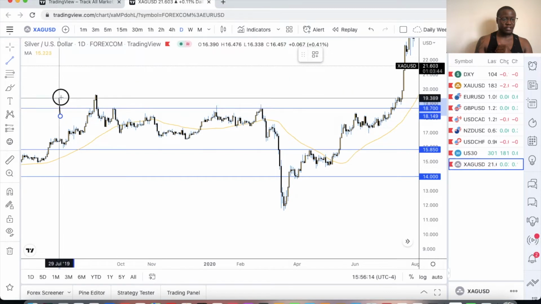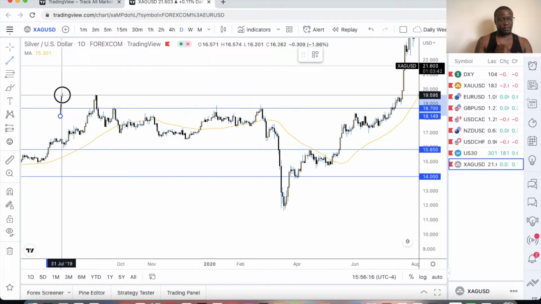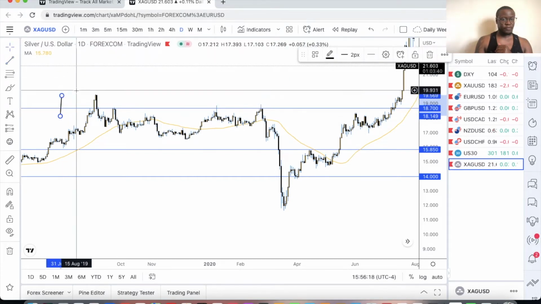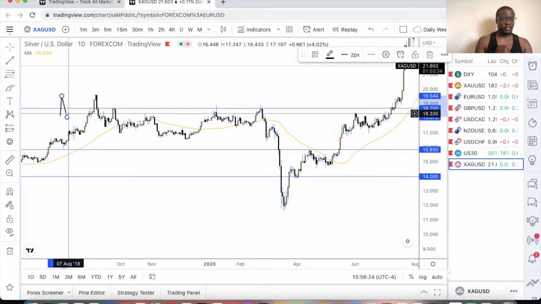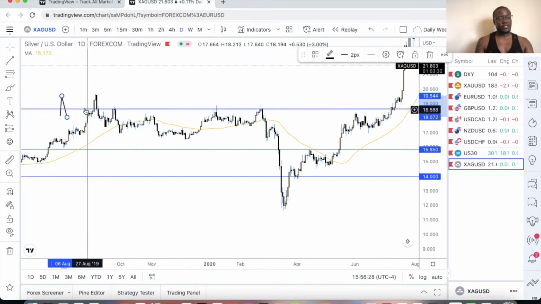It won't be a small push through and then you get something like this, a pullback underneath that, in this instance, resistance level.